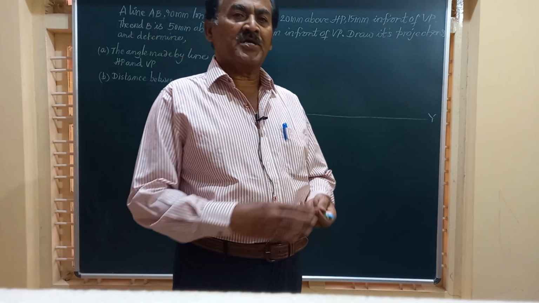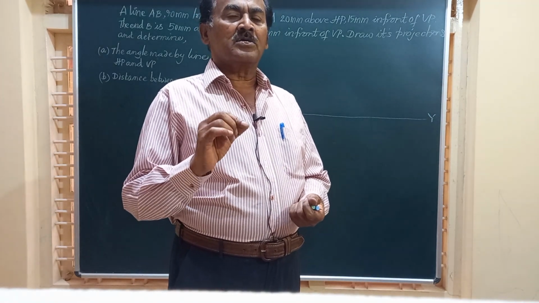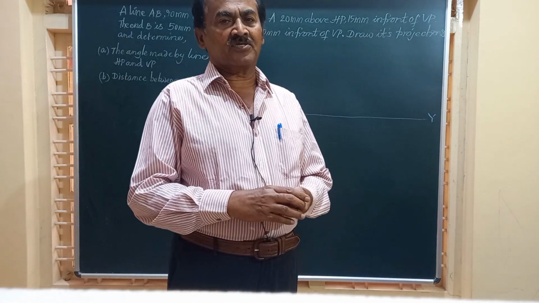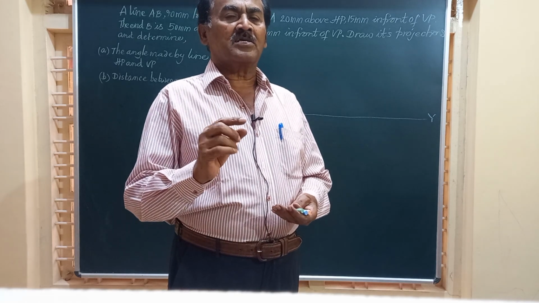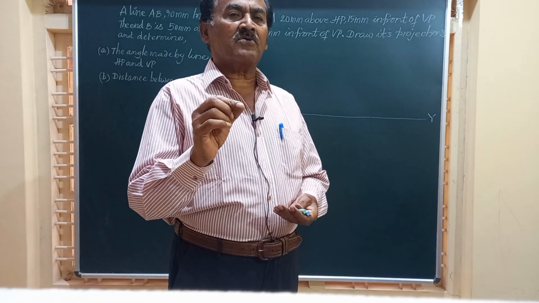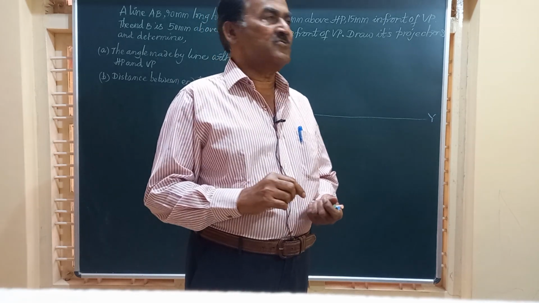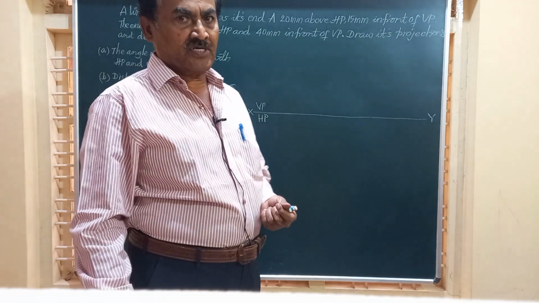Friends, in today's video, we are going to work out a good problem on the projection of lines, wherein the position or the locus of both the ends A and B of a line which is measuring 90 millimeter are given in the question.